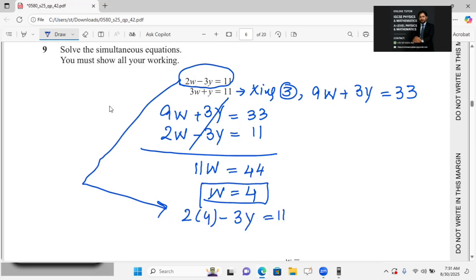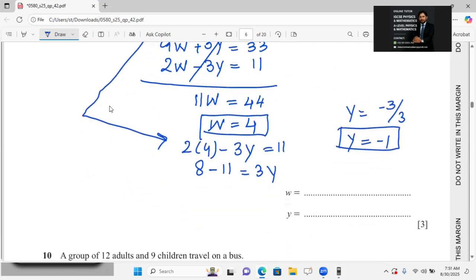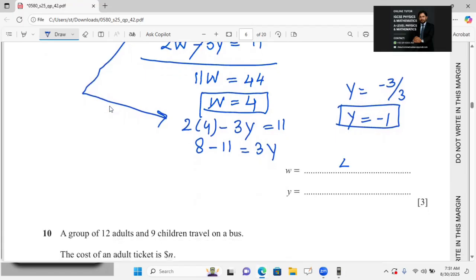I'm taking this 3y on this side. 8 minus 11 is equal to 3y. Y is equal to minus 3 over 3, which equals minus 1. So it is 4 and minus 1 are the answers.